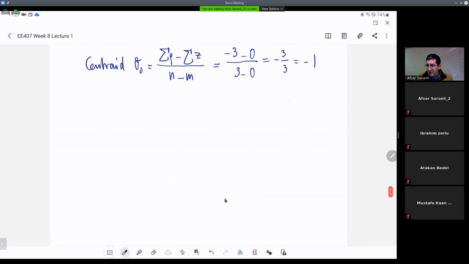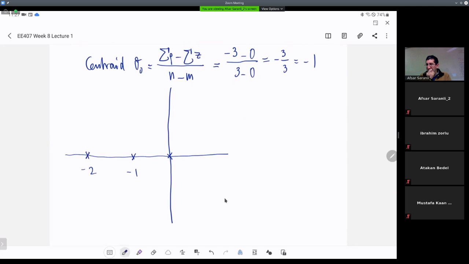Let me try to sketch the root locus in this case. This is our S-plane. We have a pole at minus 1, a pole at minus 2, and a pole at 0.